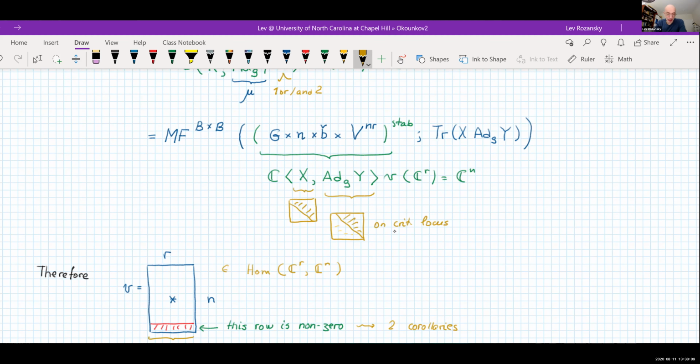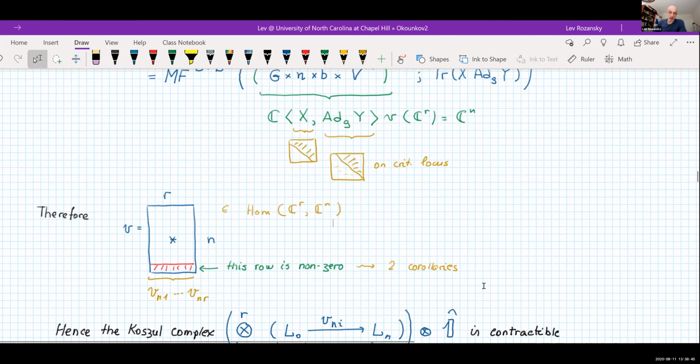Because if the whole red row is zero, then X and Y will never be able to bring it up to the upper rows. So you will never be able to generate your CN. You will not generate the subspaces corresponding to the subspaces of the standard flag. At least not on critical locus. So therefore, one of the entries in this red row must be non-zero.